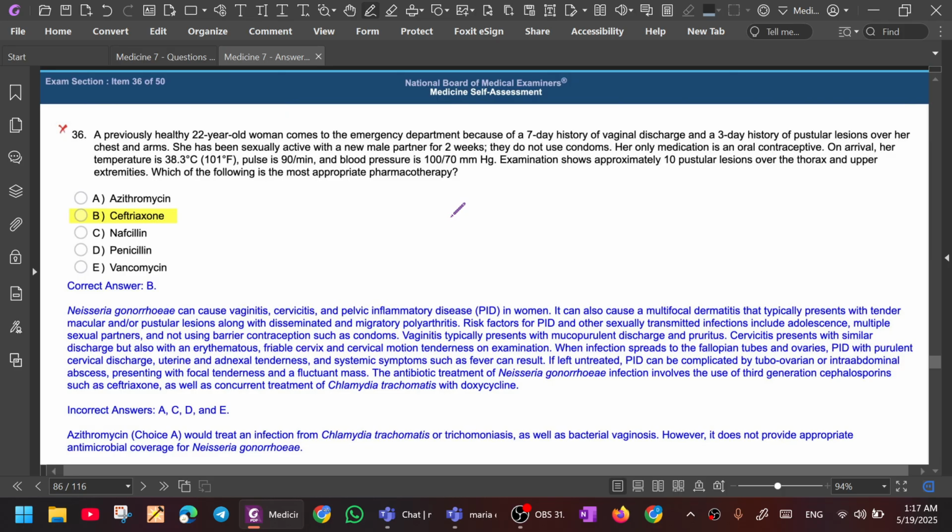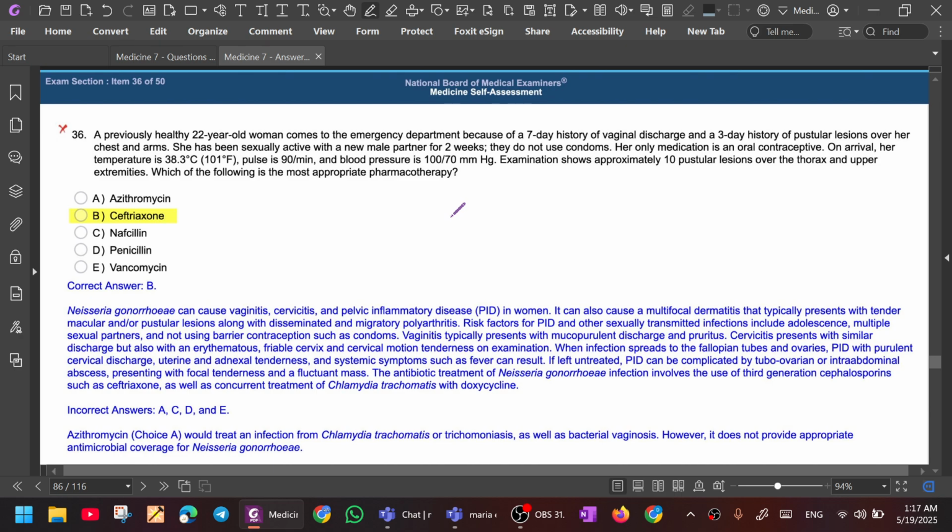Risk factors for PID and other sexually transmitted infections include adolescence, multiple sexual partners, and not using barrier contraception such as condoms. Vaginitis typically presents with mucopurulent discharge and pruritus.